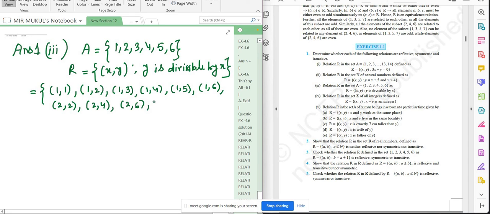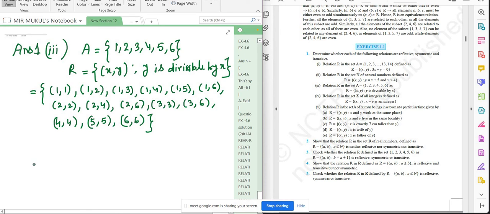Then for 3, we can take (3, 3) and (3, 6). Then for 4 we can take only (4, 4), right? And for 5 we can take (5, 5), and we can take (6, 6).